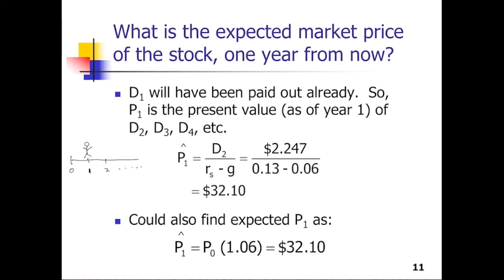Using the constant growth model, the denominator is the same, right? The numerator only changes. So rewrite this equation. D2 can be calculated by D1 multiplied by 1 plus G. And this part was what?